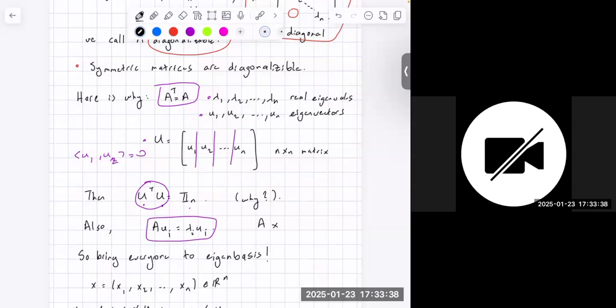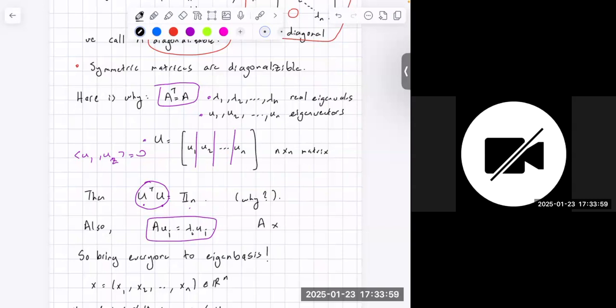For example, let's say the first eigenvalue was 5. That means if I give my matrix the first eigenvector, it's going to multiply everything by 5, stretching it. Say the second eigenvalue was half. That means if I give it the second eigenvector, it's going to multiply everything by half. Think about those eigenvectors like small building blocks.